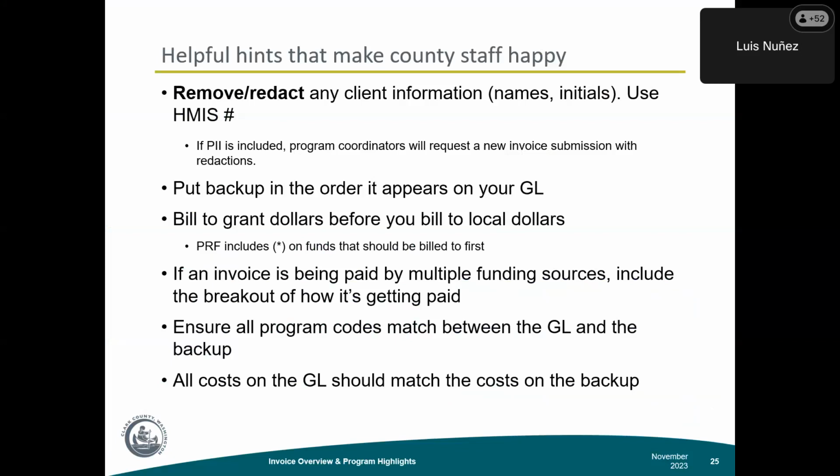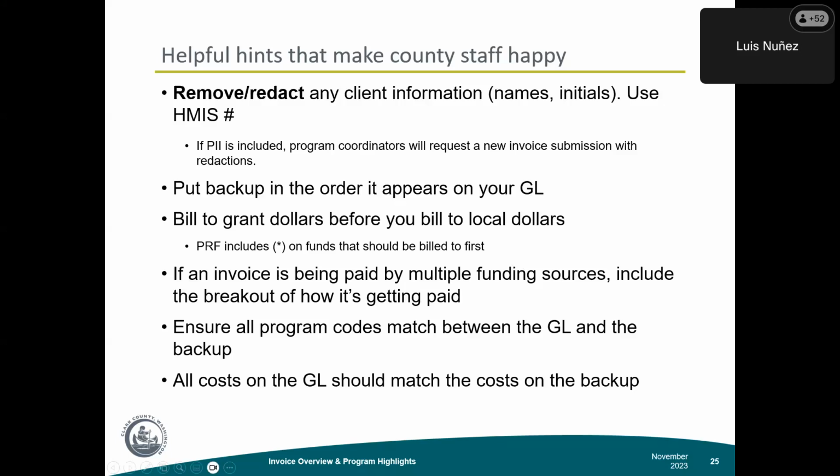So the PII, the personally identifying information, needs to be removed or redacted from the backup so it doesn't show any personal information of the client. This can be substituted with the HMIS number of that client. If it is included, we might reach out to get that redacted and then have you resubmit it.